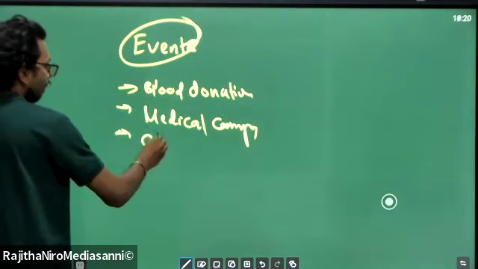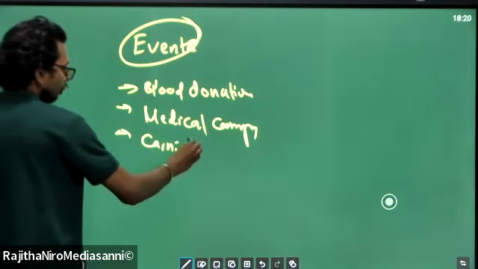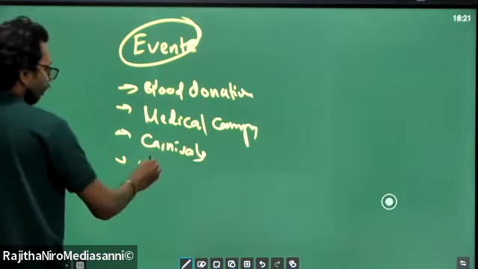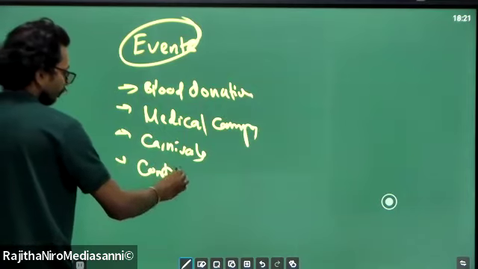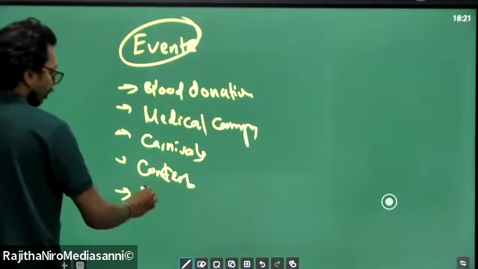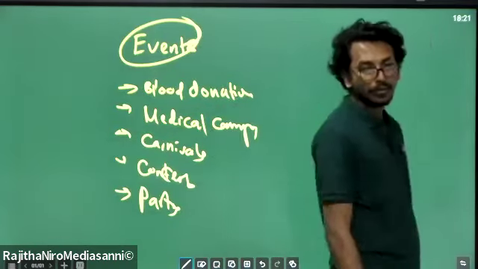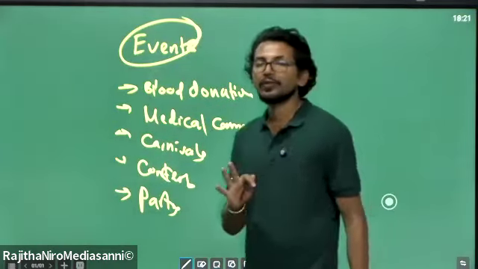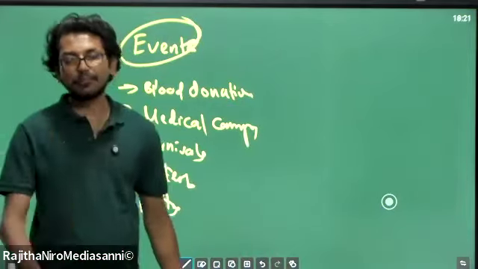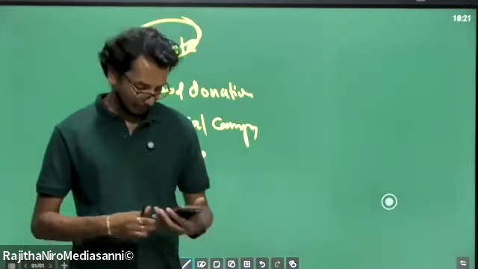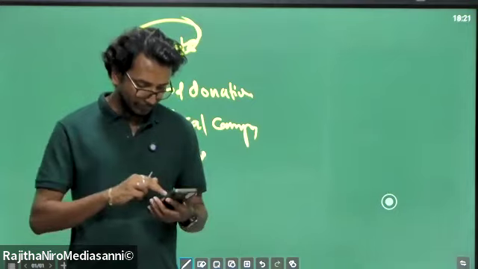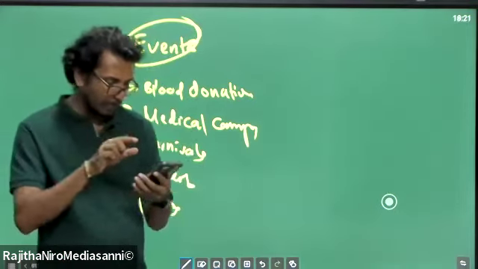And some carnivals, concerts, and parties. That type of events are there. This type of thing is also one-way. Think about that idea. Okay. Now go to the next one.